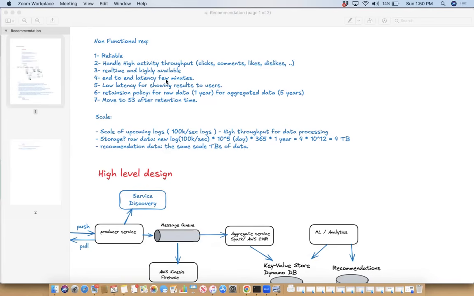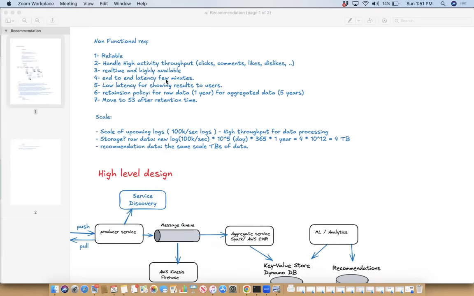But the online part, the part where users fetch their, let's say, application, it could be, I don't know, YouTube, it could be Netflix, which is using this recommendation service behind the scenes.